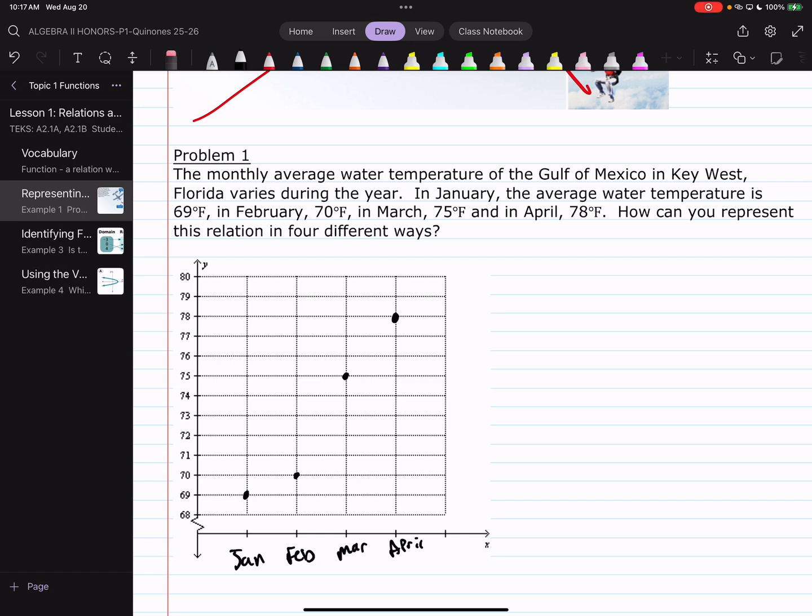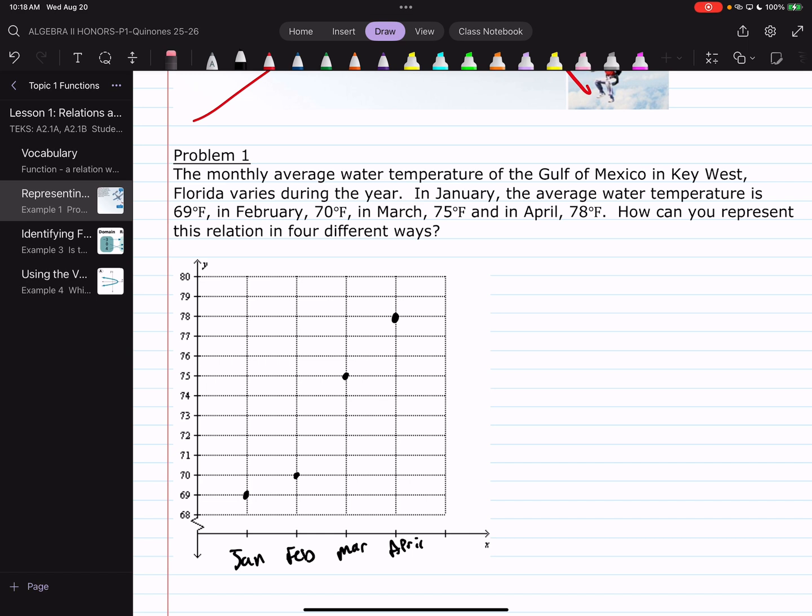That's right, talk about it. That's the whole reason why we can't call it a function. Because there's repeating. You can call it a relation, but I wouldn't be able to call it a function.